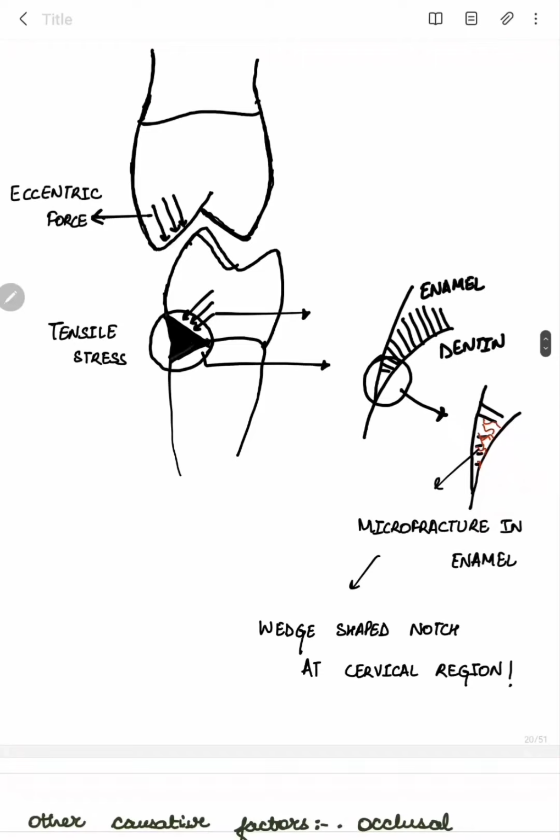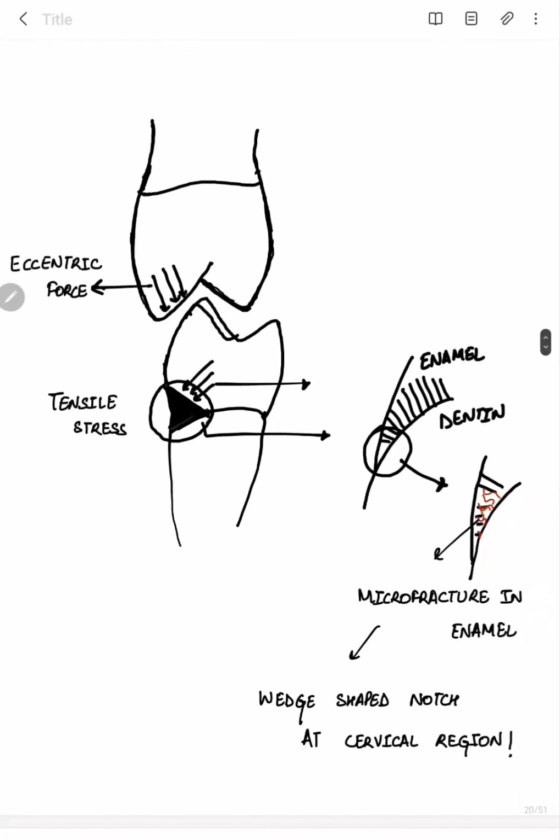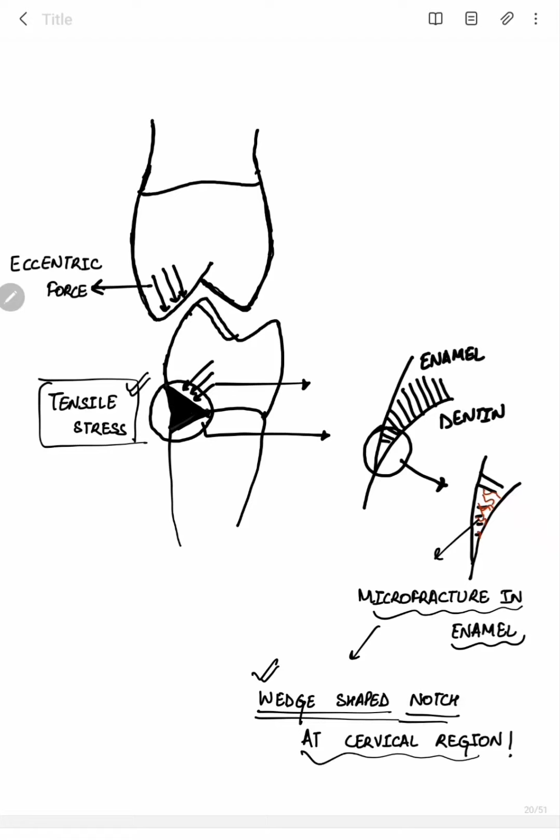But now when eccentric forces or abnormal occlusal forces are acting on the opposing tooth, this will create tensile stress over the buccal surface or buccal gingival third of the crown, right, which will lead to microfracture in the enamel portion of the clinical crown basically, and with time it will take up a wedge shaped appearance, or wedge shaped notch at cervical region will be seen, right? So this is a typical feature of abfraction in which we will see wedge shaped notch, right, at gingival third of the clinical crown basically.